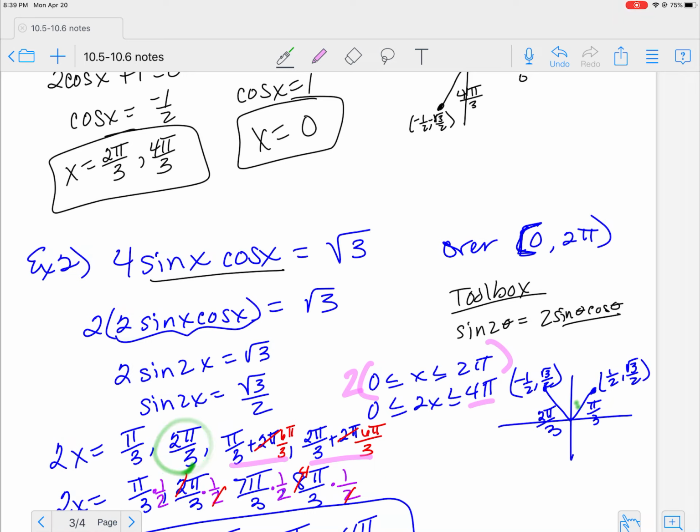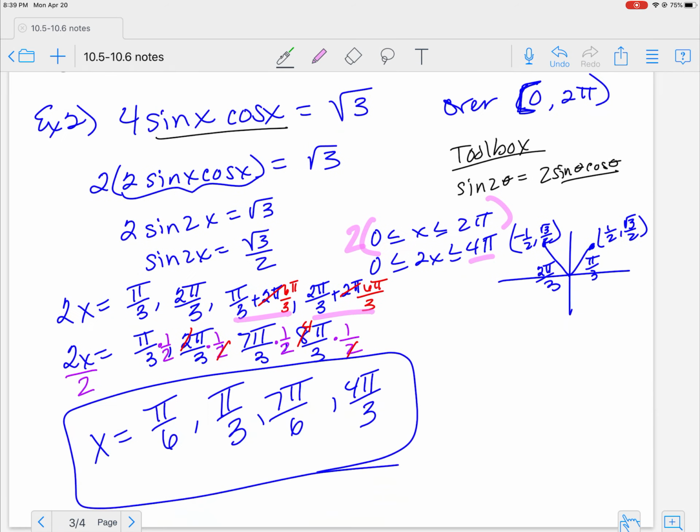But then I also have the second swing where I add 2 pi to the pi over 3. I have the second swing around because I'm going to 4 pi. So I have 2 pi over 3 plus that 2 pi. All right. So because this is a double angle, I have to go from 0 to 4 pi so that I can make sure that I cover every single value possible.